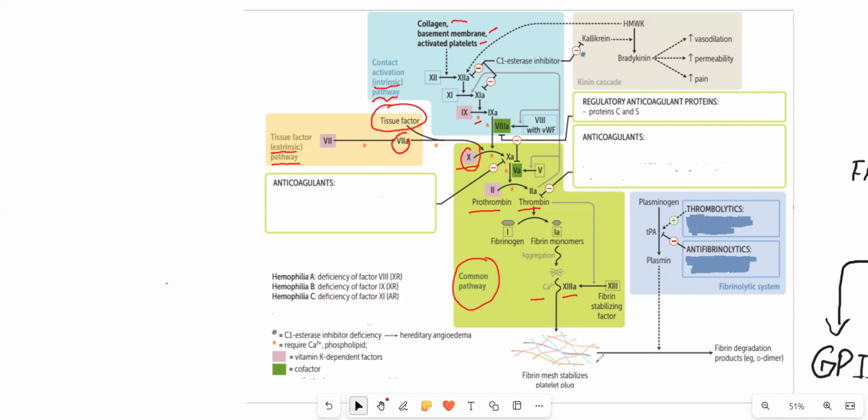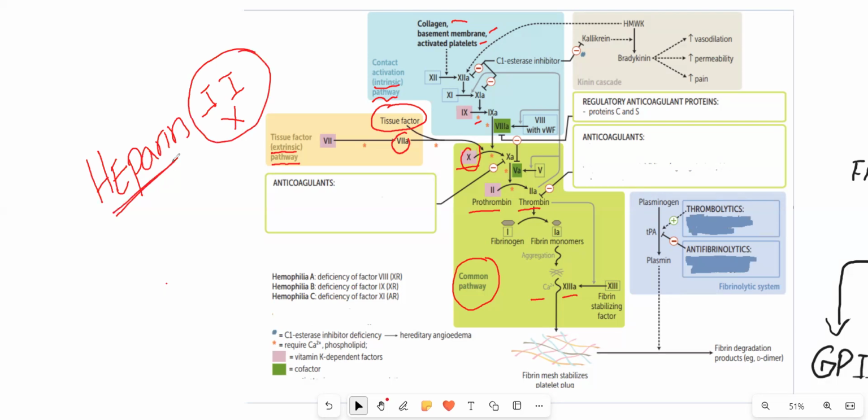Now I'm moving to the super high yield stuff related to coagulation. These are high yield drugs. What is the mechanism of action of heparin? Heparin basically inactivates factor 2A and 10A, right?